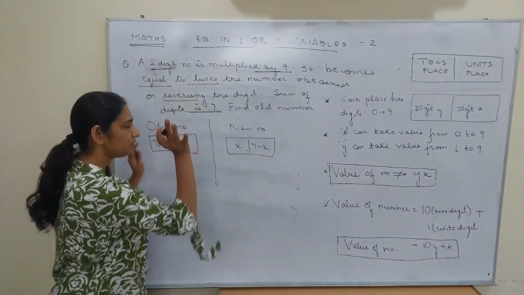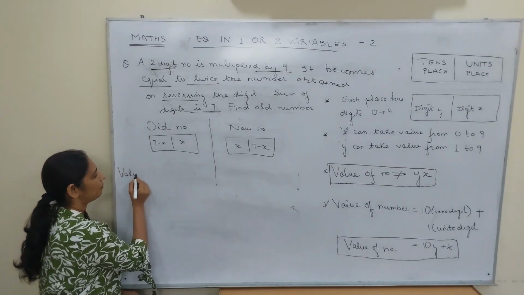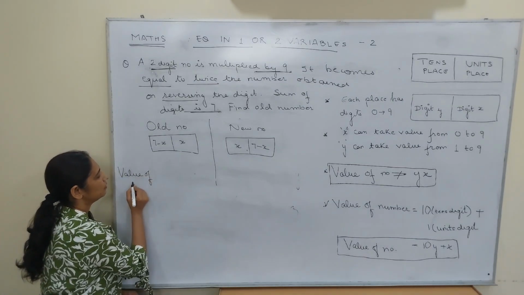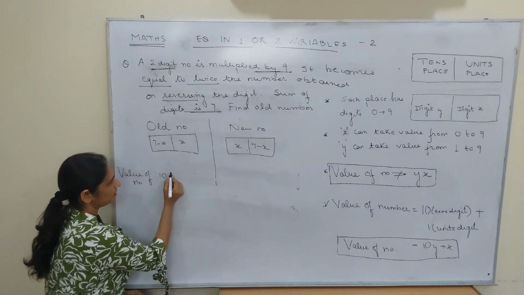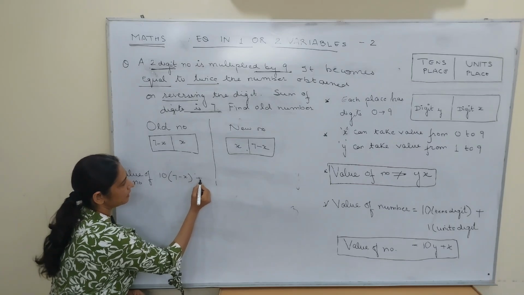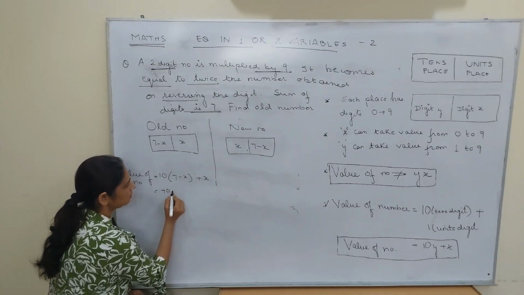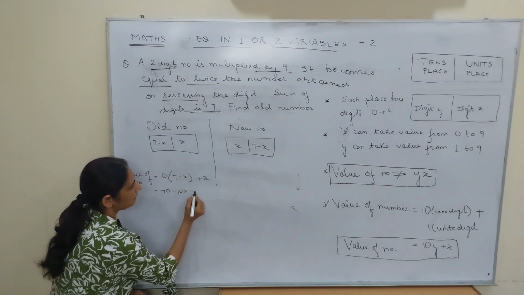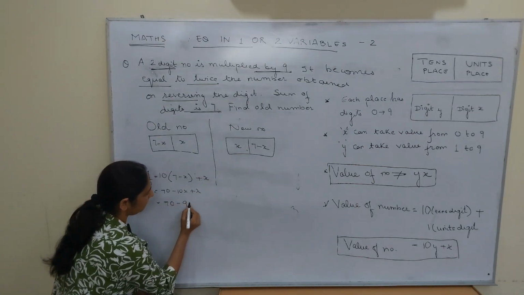Now again, without even reading the question, we'll find the value of the number. What is the value of the number here? It's 10 times (7 minus x) plus x. Let's solve it further. 70 minus 10x plus x is 70 minus 9x.